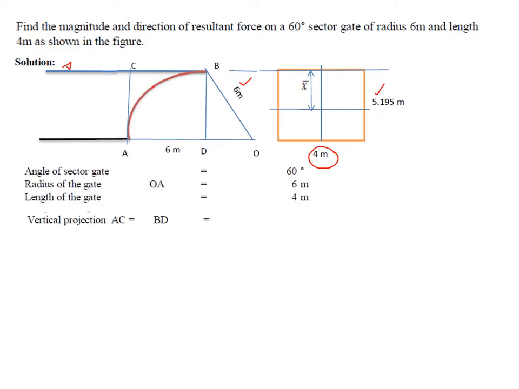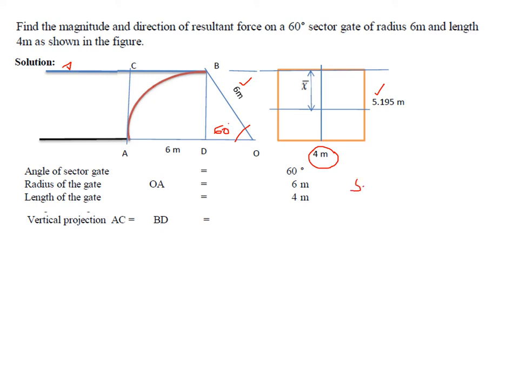Now I am able to find out the vertical projection. The vertical projection of AB is either AC or BD. If this is a 60 degree gate, I will go for sine 60.